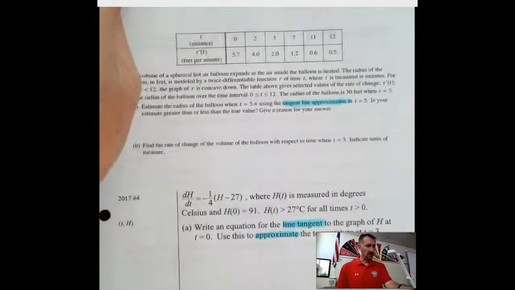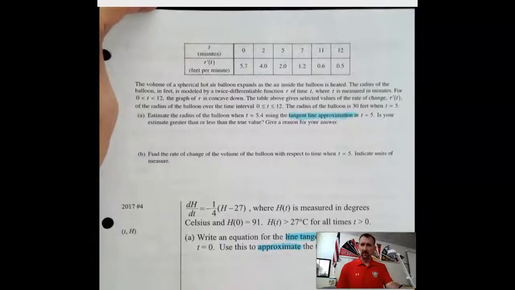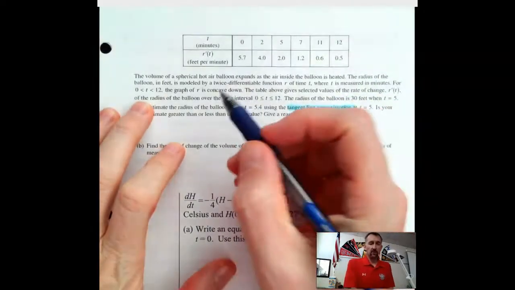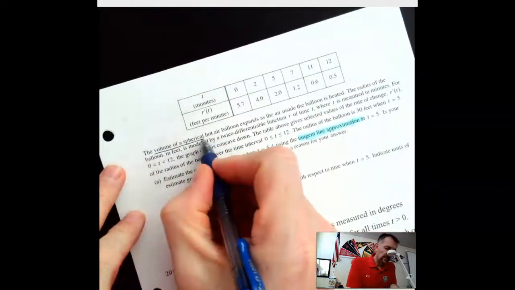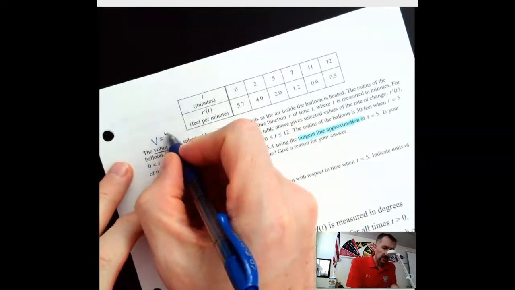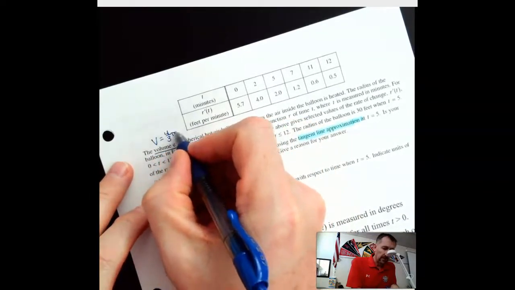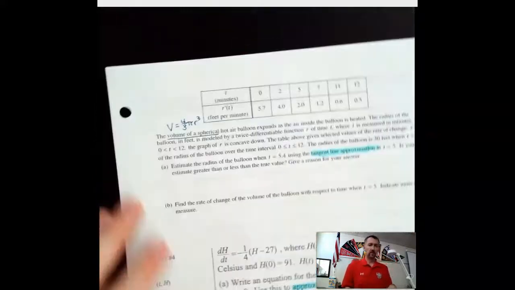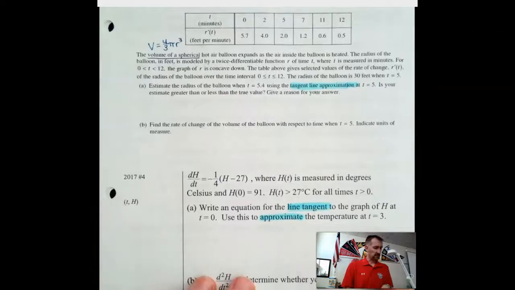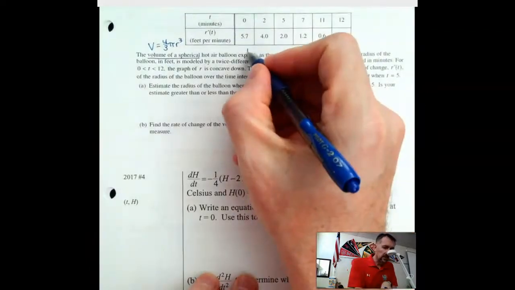When you are looking at a free response AP calculus question, you want to take notes on the question. That'll help you. So as you read through the question, you look for things. So the volume of a hot air balloon, spherical, volume of a sphere. So that's going to be, try to write that down, pause, 4/3 pi r cubed. Okay, and it expands.